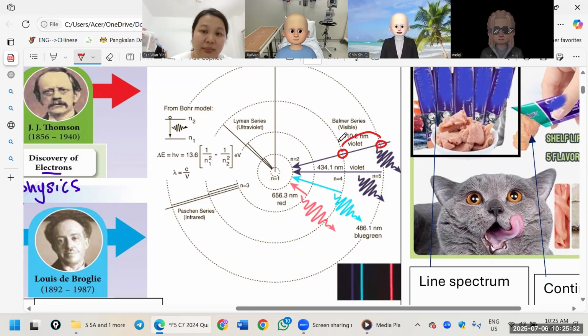When it jumps, it will release some spectrum, some light, some color. Actually not only one electron will jump at one time. Maybe a few electrons jump at the same time. So you can see a few colors of light.